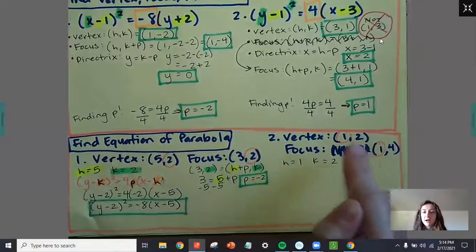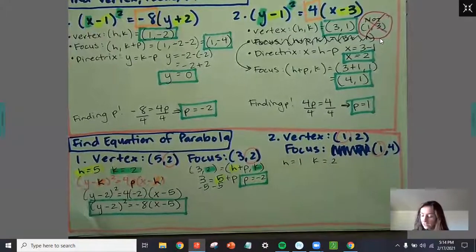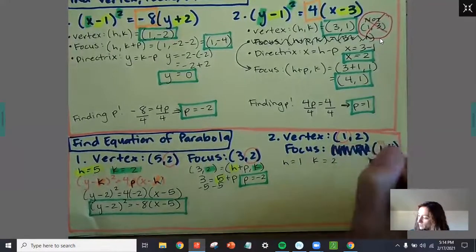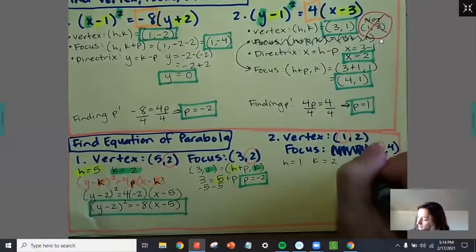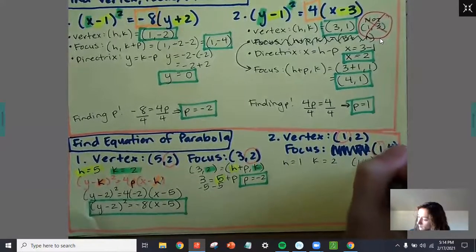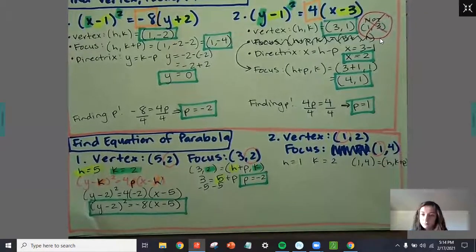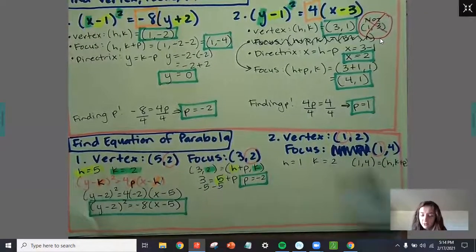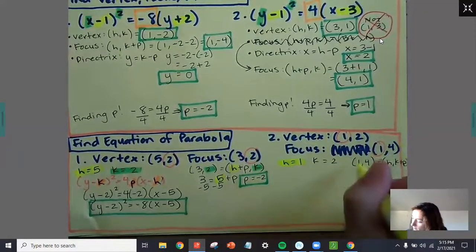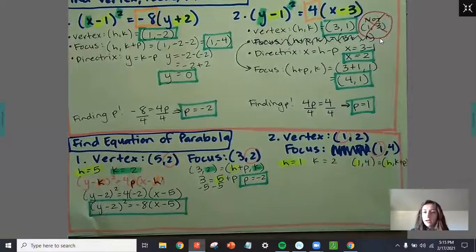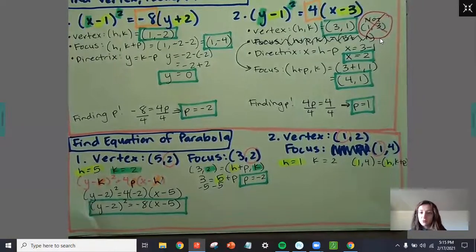So since we have our first ones the same, that means that our focus is going to be equal to h, comma, k plus p. All right, so I know that my h value is 1, so that's where this value is coming from. Okay, and then our k value is going to be 2.